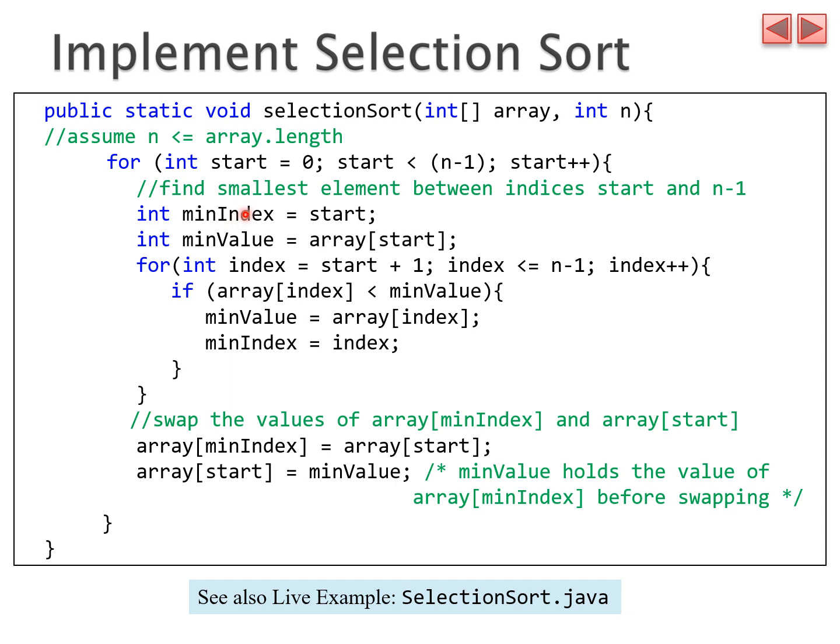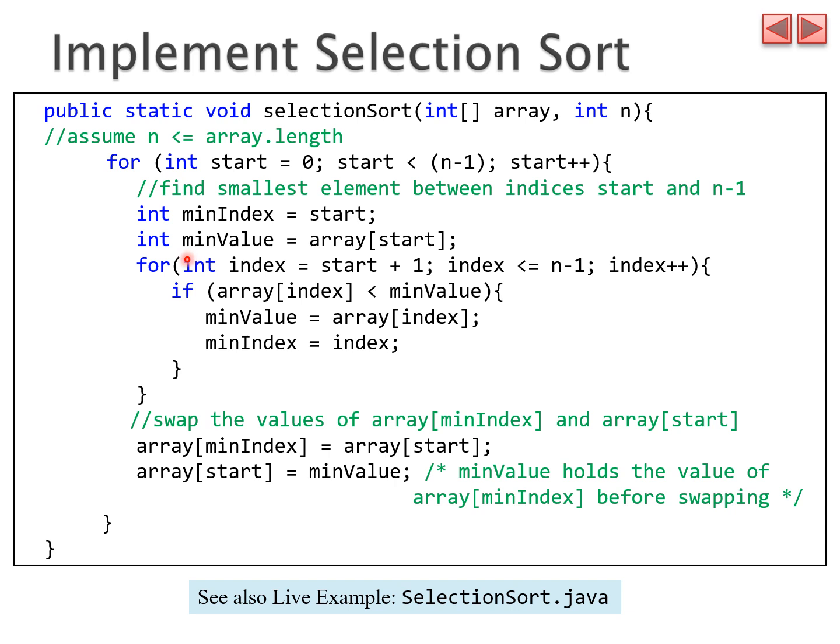You use the variable minIndex to keep track of the index of the current smallest value. Initially you assign minIndex to the first index of the unsorted segment, which is equal to start. So minValue is equal to the element at that index. minValue is always equal to the value of the element at minIndex.